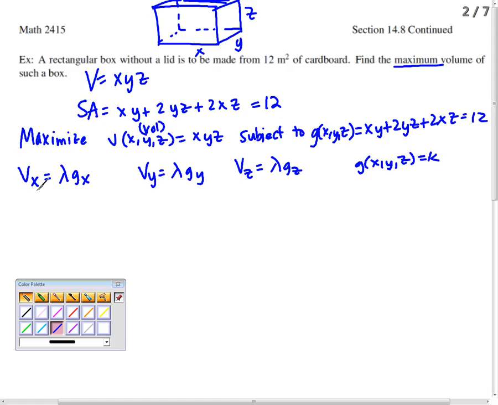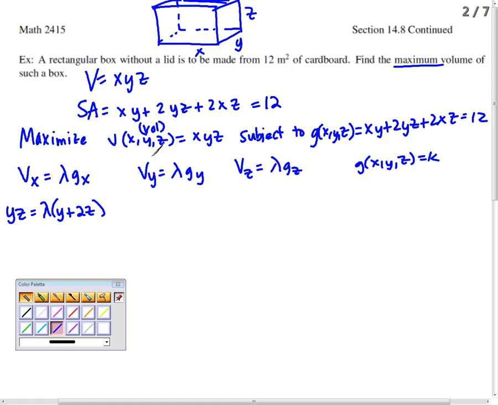Okay. So what is the partial derivative of v with respect to x? What is this partial derivative of g? What is it? Y plus 2z. I'll check. Is that right? Everybody check. Yes?